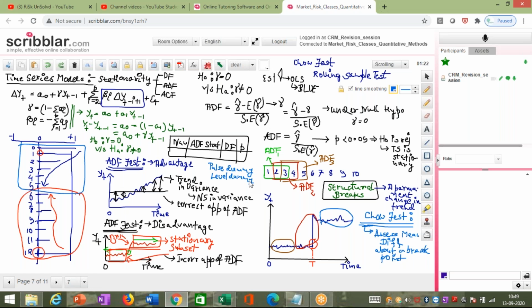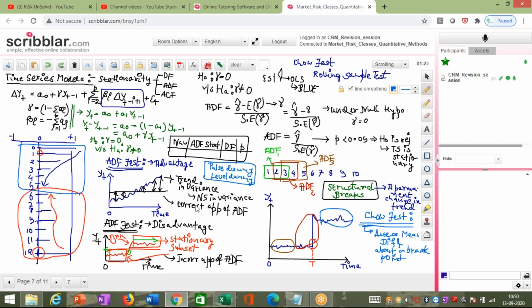Now the question is why do we need these two dummies? We need them to frame the statistical hypothesis for the Chow test.